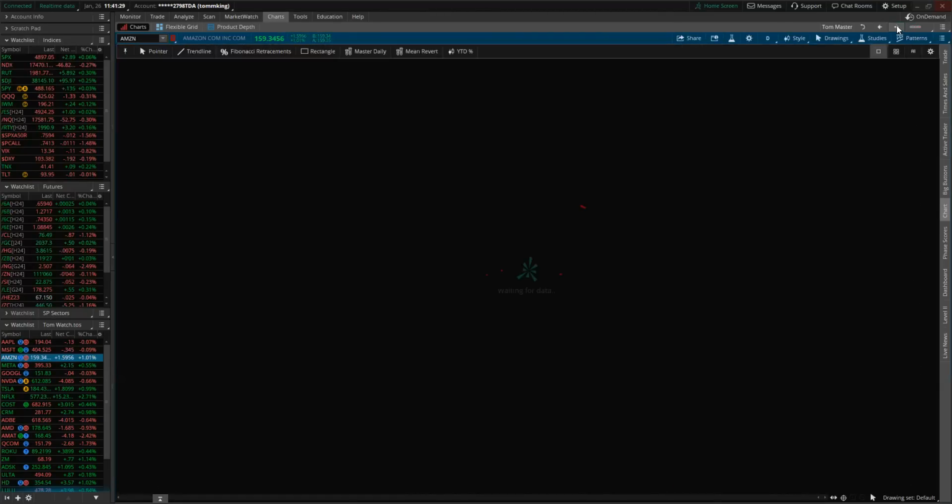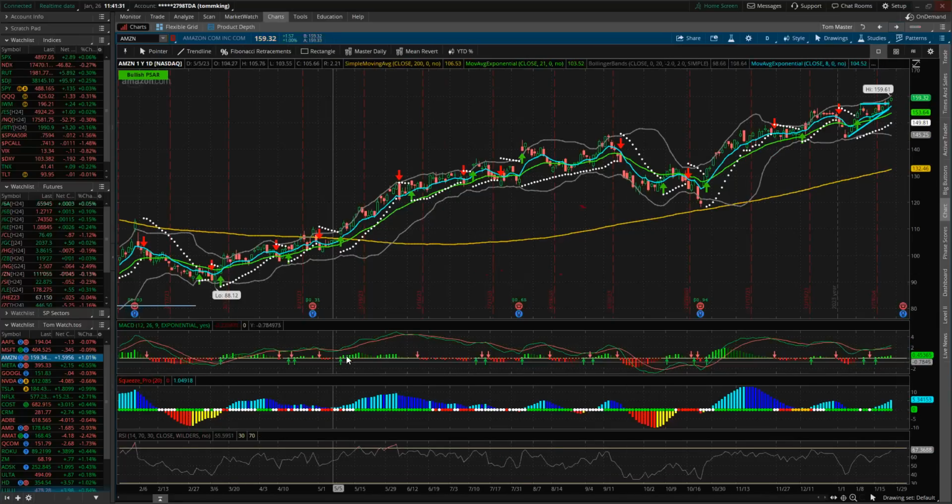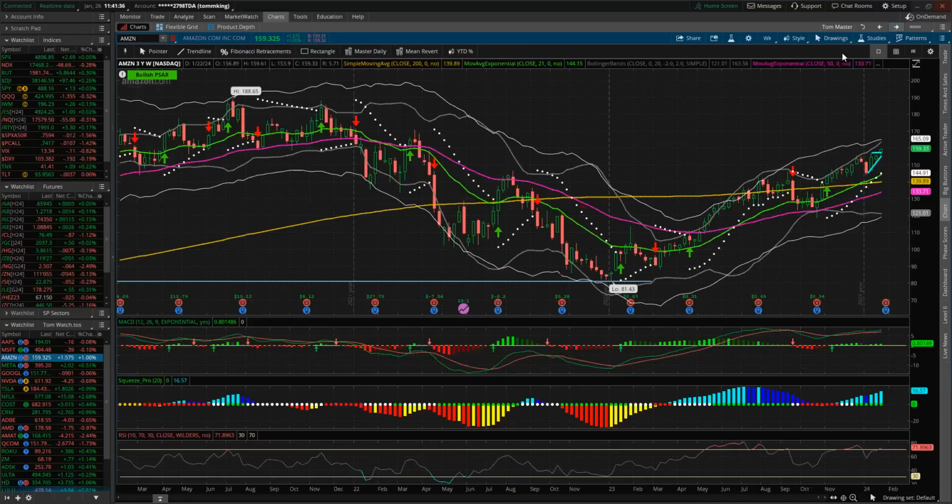If I get a better stochastic momentum here somewhere. I really don't. All right. I thought it would be a better way to show it to you here. I can add it, but stochastic momentum is a good indicator. Here's the weekly.